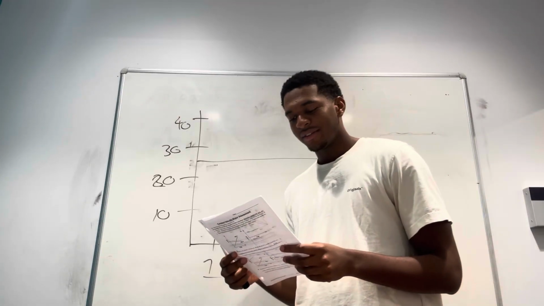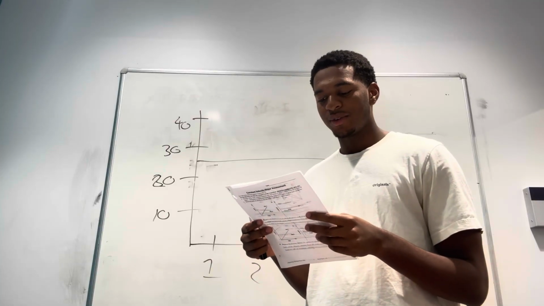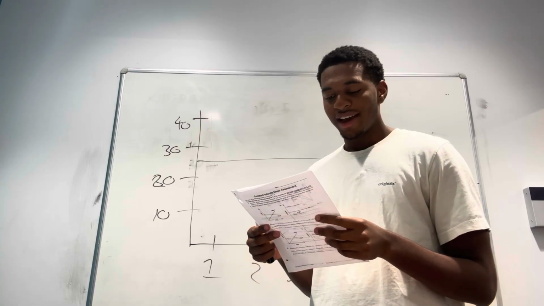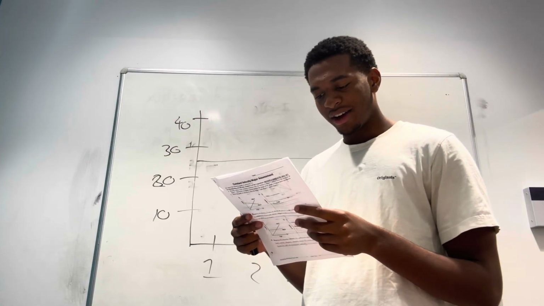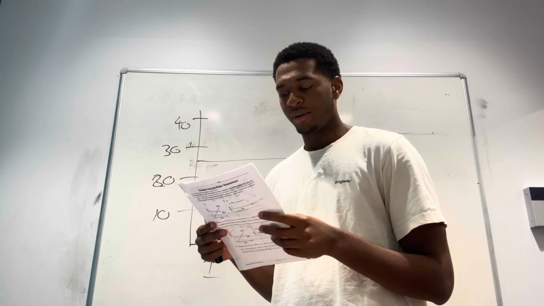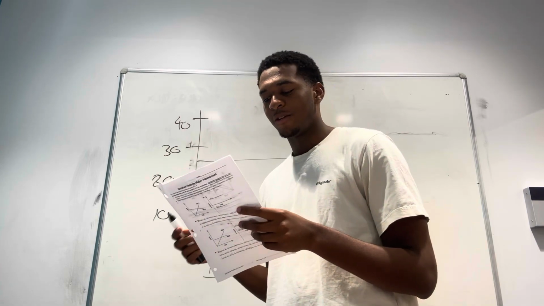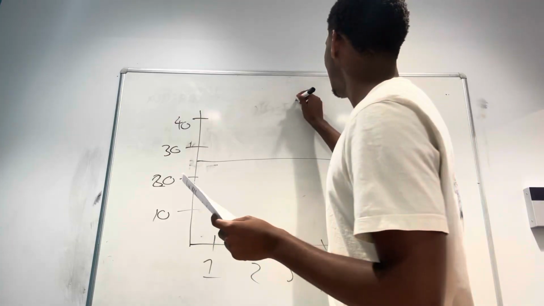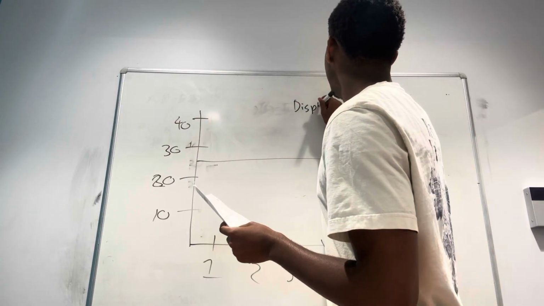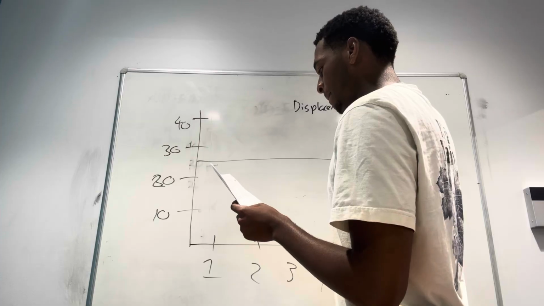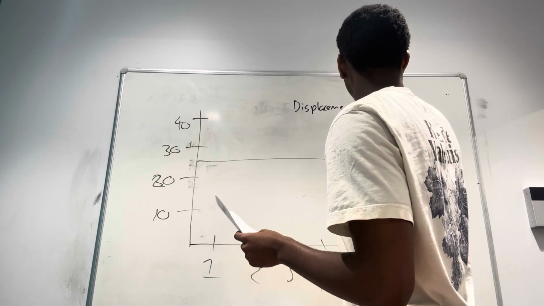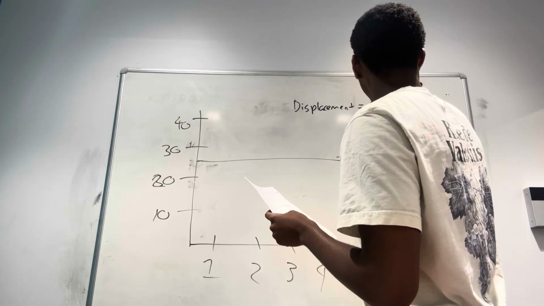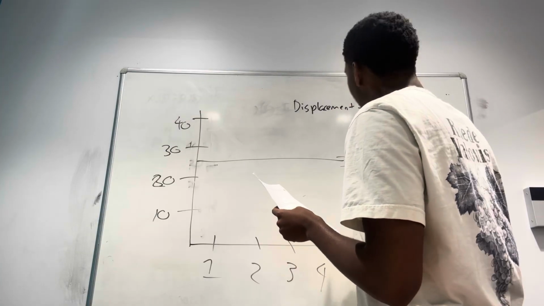So for 7B, it reads, at time t equals 2 seconds, you reach down to tune in a different radio station without changing speed. At time t equals 5 seconds, you return your attention to the road. What is the displacement of the car while you weren't paying attention to driving? Okay, so how we do this is we use the displacement equation, displacement equals delta x equals v times delta t.